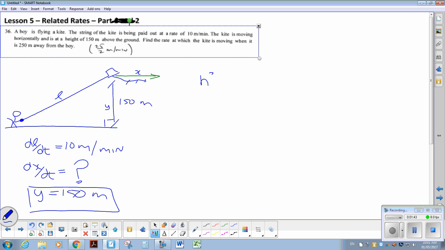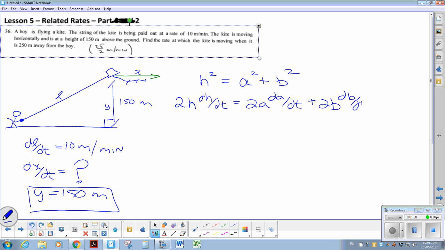So from Pythagorean theorem, h squared equals a squared plus b squared. Derivative: 2h dh by dt equals 2a dA by dt plus 2b dB by dt. The 2's all drop out. And dy by dt, so I'll put the star here, that means dy by dt has to be 0 because it stays at a constant height.